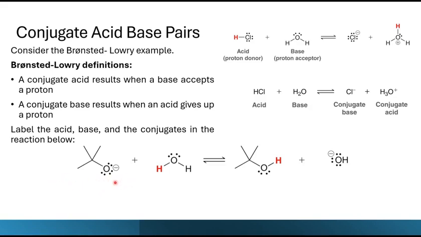If this species here will accept the proton, it is going to be the base. So we have the base and the acid. When the base picks up H+, it becomes the conjugate acid. When the acid loses H+, it becomes the conjugate base. The base, the acid, the conjugate acid because the base accepted H+, and the conjugate base because the acid gave up H+.